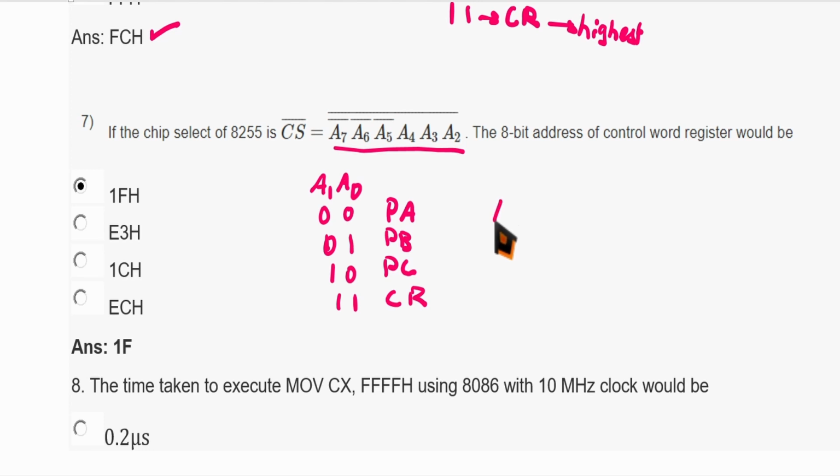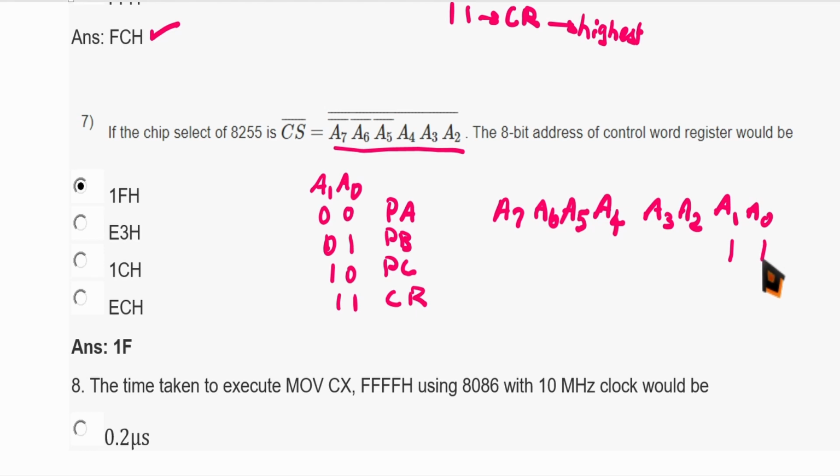So let us write this one: A7, A6, A5, A4, then A3, A2, A1, A0. We have to select the control word register. For control word register, A0 and A1 should be 1 and 1. This is A7 bar. The chip will be selected if A7 is 0. Here also A6 bar, so 0. A5 bar, 0.